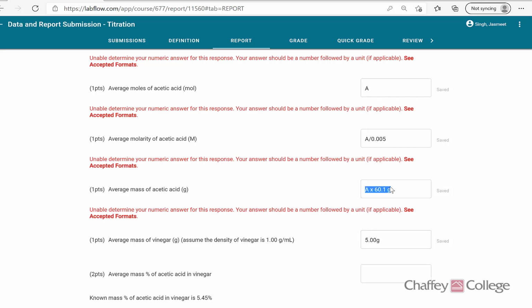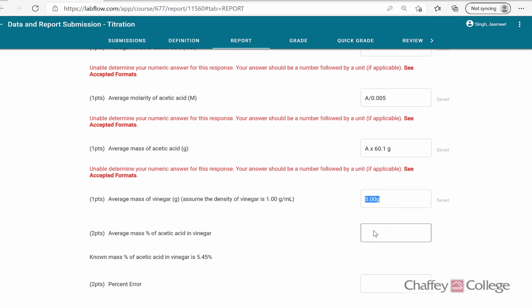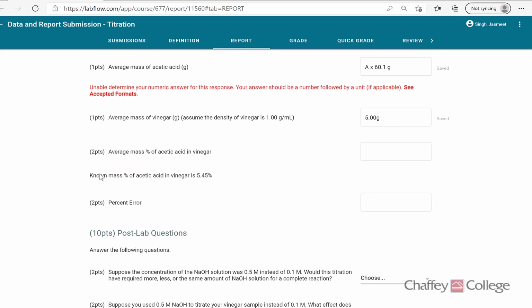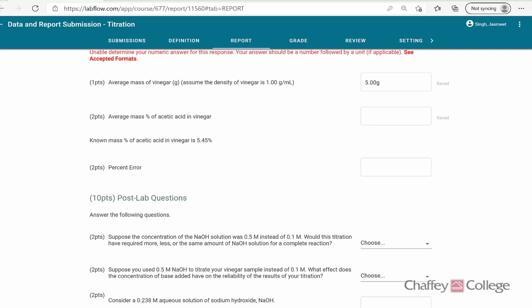So divide this number by 5.00 multiplied by 100. That will be your average mass percent of acetic acid in vinegar. On the bottle, the manufacturer claims that the percentage of acetic acid in vinegar is 5.45. So hopefully our number will also be similar to 5.45.